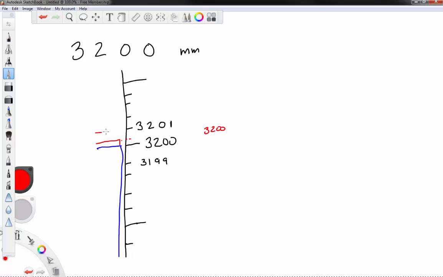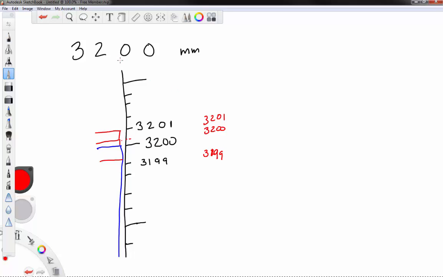And then when you get out to an object that's more like this, you'd say, no, this is more like 3201. An object like this, you'd say, no, this is 3199 millimeters. In other words, you're able to distinguish the difference of 1 millimeter between 3200 and 3201 and 3199. With the other scale that I drew, you could not make this distinction. All of these would have been very clearly written down as 3200.